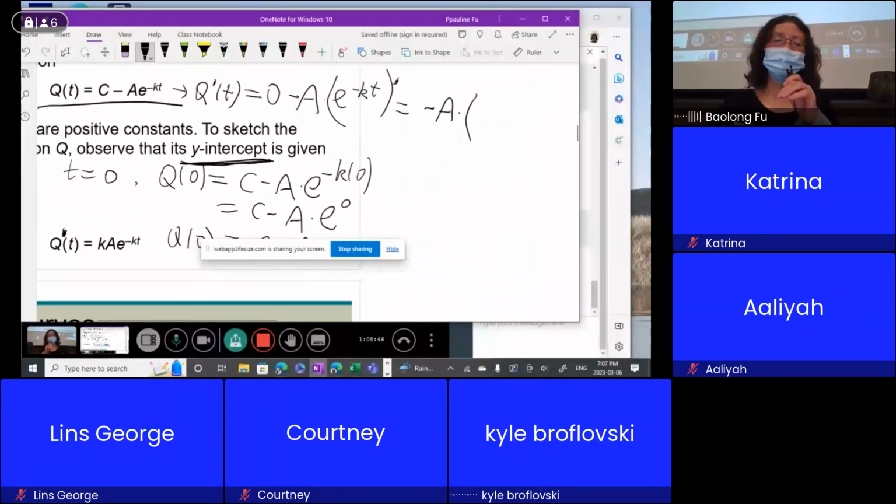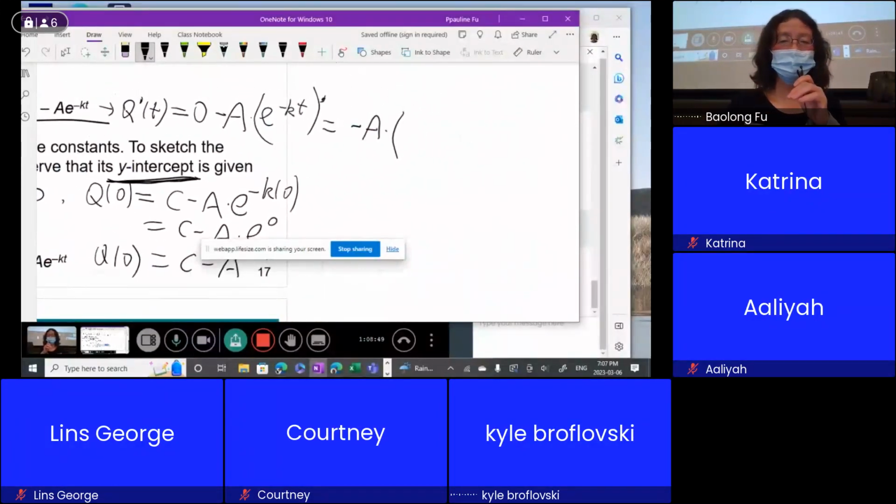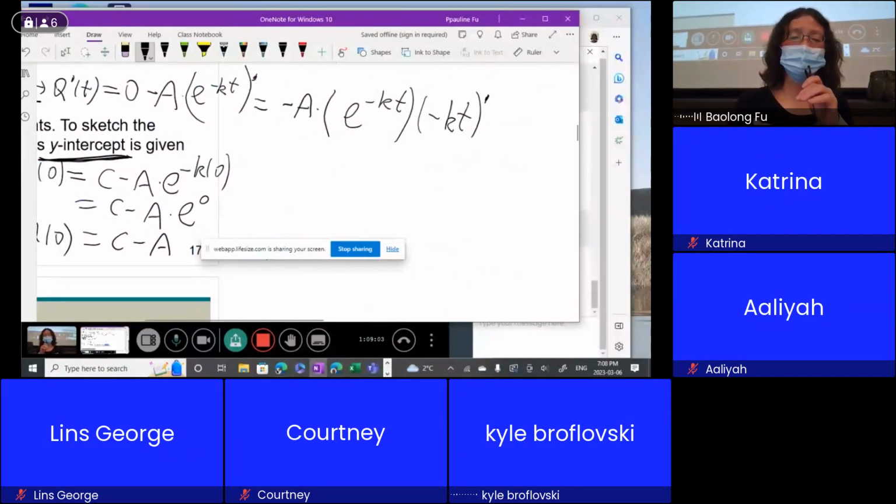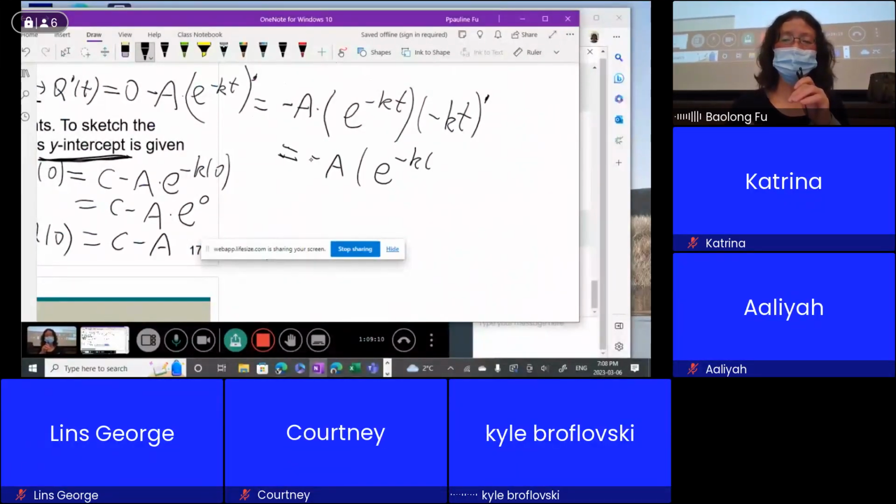What is derivative of E raised to power negative KT? It is E negative KT. And then chain rule, negative KT derivative. Okay. So it is negative A times E negative KT. What is derivative of negative KT?